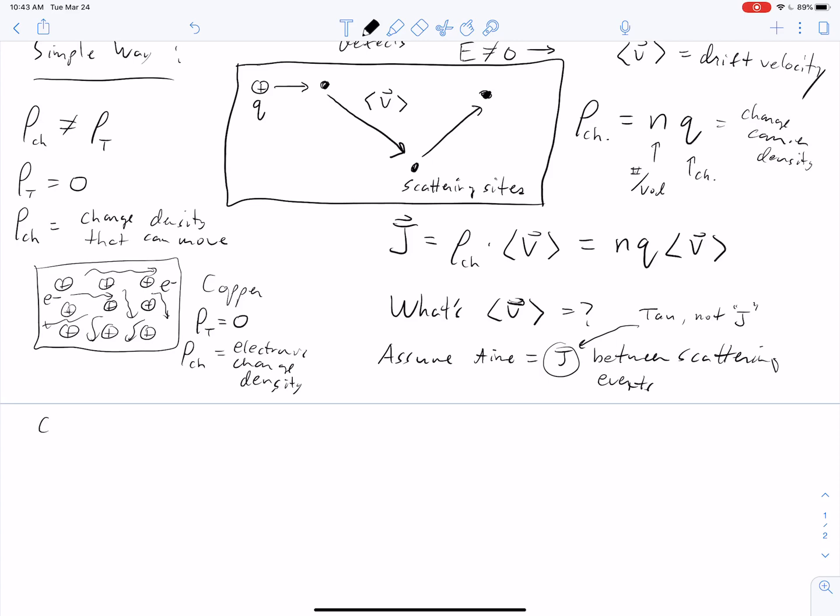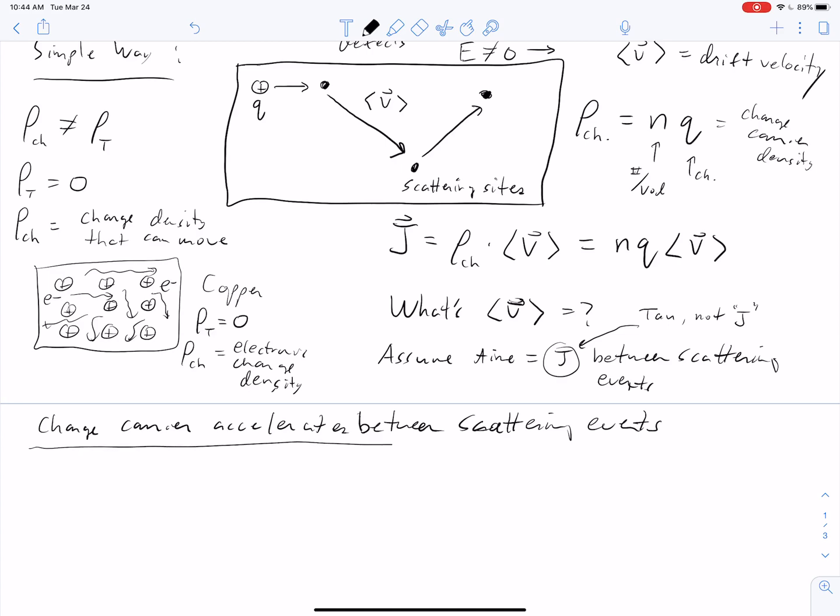Well, the charge carrier accelerates between scattering events, and that means that to find the velocity, we just say the velocity is equal to the acceleration times tau, right?